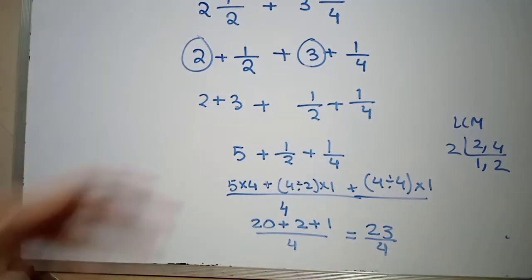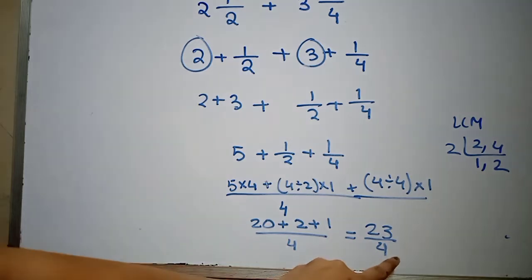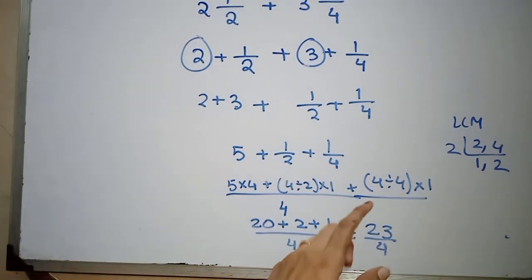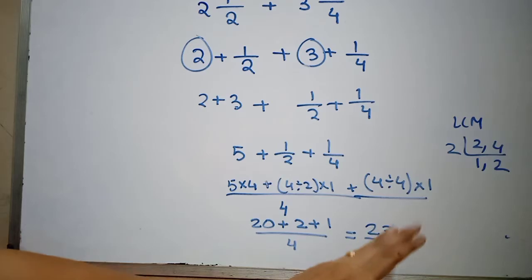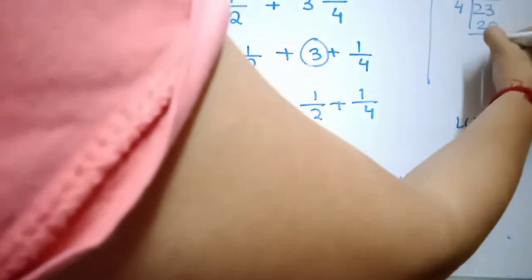So by adding them I get an improper fraction. As I can see, this is an improper fraction, so again I can convert it into a mixed fraction. To convert it into a mixed fraction, 23 will be divided by 4. 5 fours are 20 and 3 is the remainder.